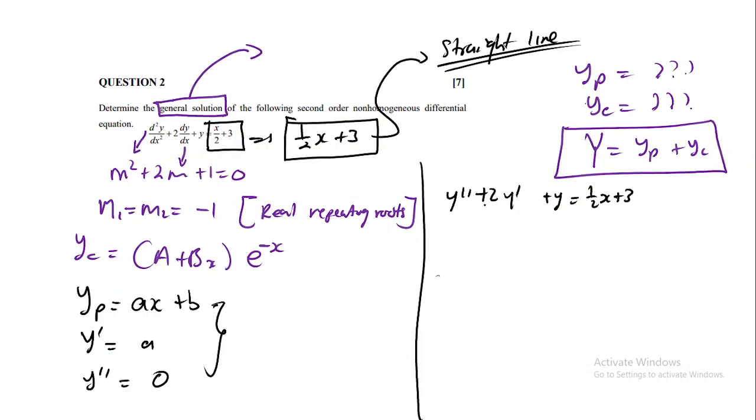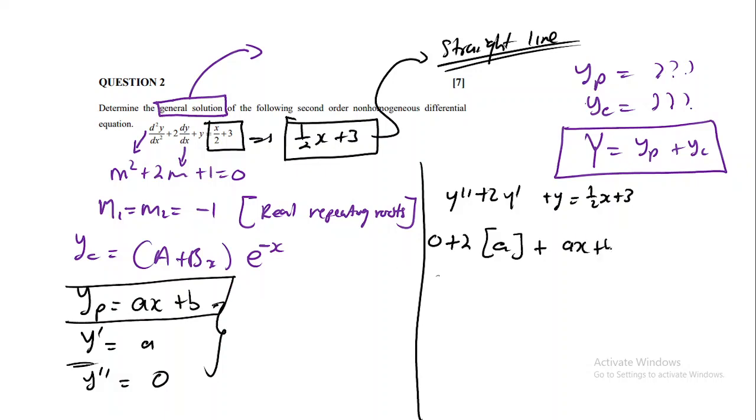So let's try this. y double prime is 0, and 2 y prime is 2a, plus y. Which one is our y? This is our y, so it's ax plus b, which is equal to 1 over 2 x plus 3.